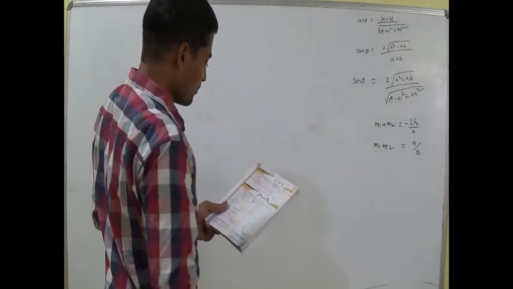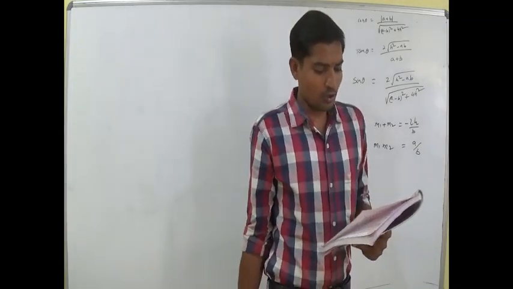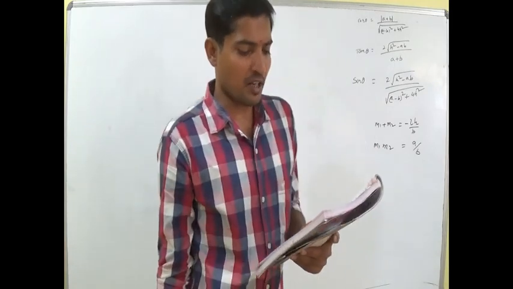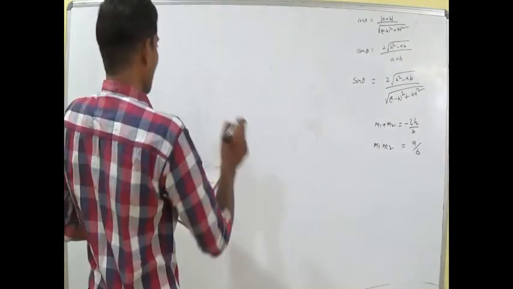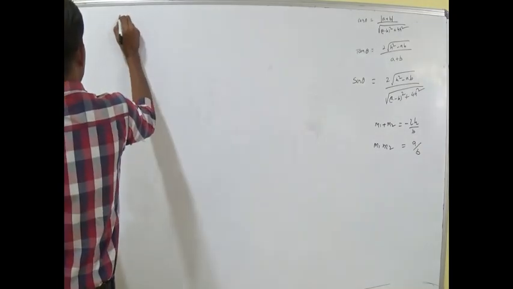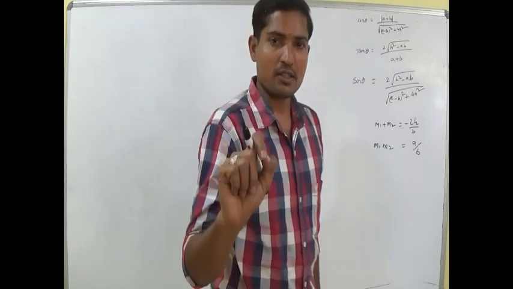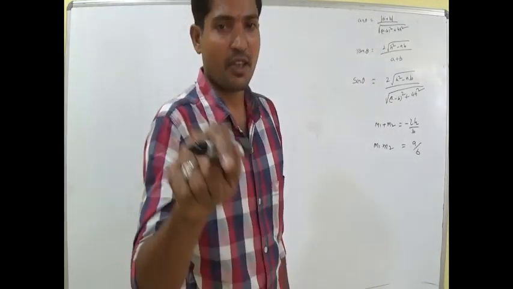Now next problem, find the equation of the two lines represented by the equation. That means here the equation is given as two linear equations, and we have to find them.